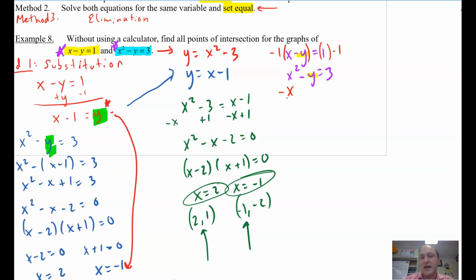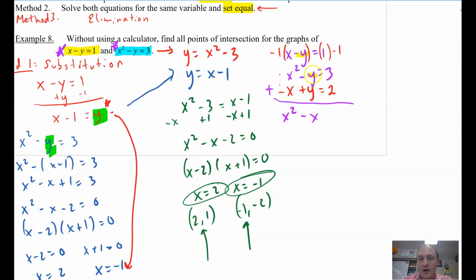So it's negative x plus y equals 2. Now I'm going to add straight down. What I get is x squared minus x, from these two terms here and here.